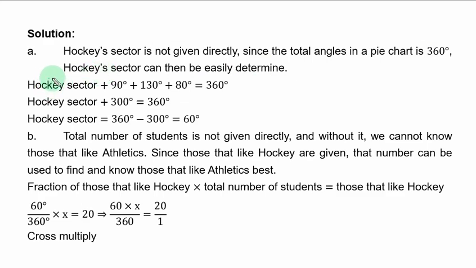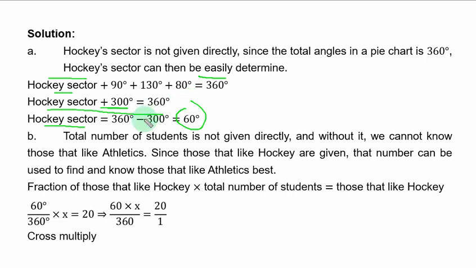You add all the sectorial angles for each sector, including hockey's sector, and you equate it to 360 degrees. You simplify, you get this result. You have to transfer this term to the right hand side to make hockey sector stand alone, and you have 60 degrees.